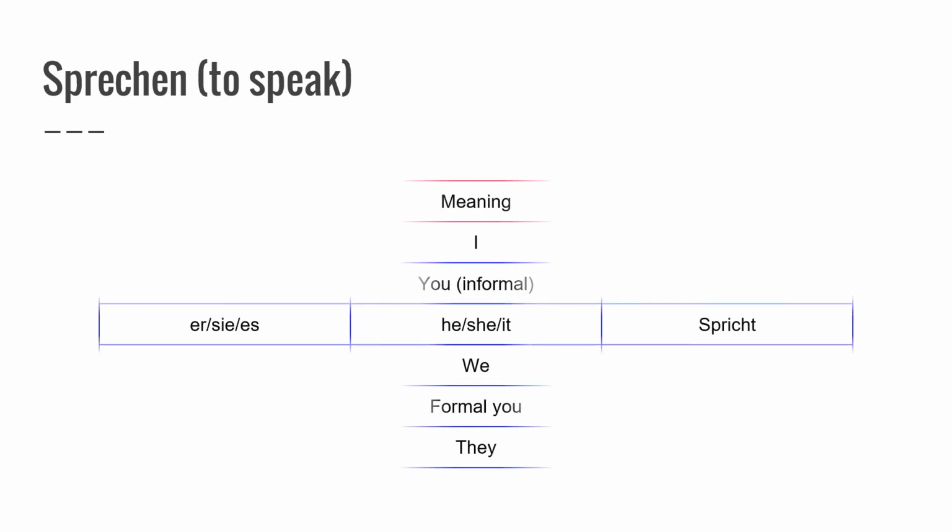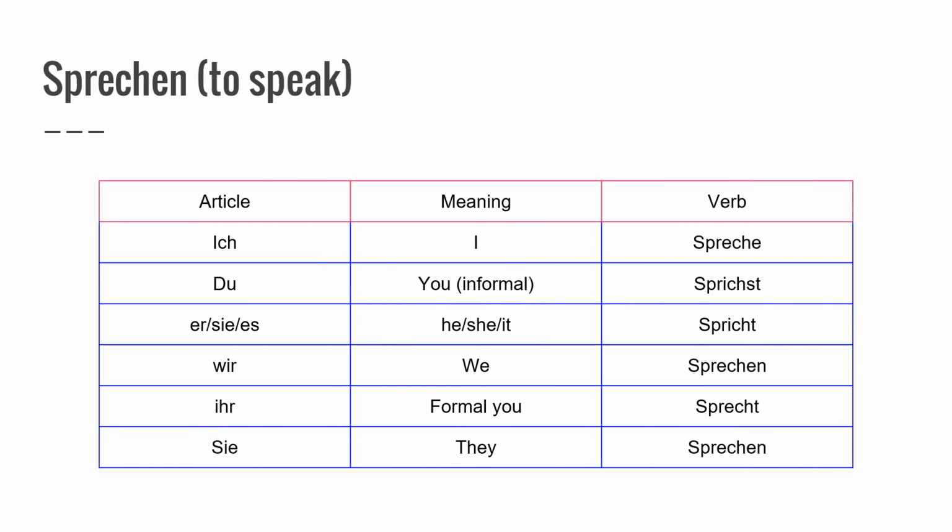Our last and final verb is sprechen, which means to speak. Now, in this slide, I will tell you the trick: how can we conjugate the verbs easily? Ich spreche, du sprichst, es spricht, wir sprechen, ihr sprecht, sie sprechen.